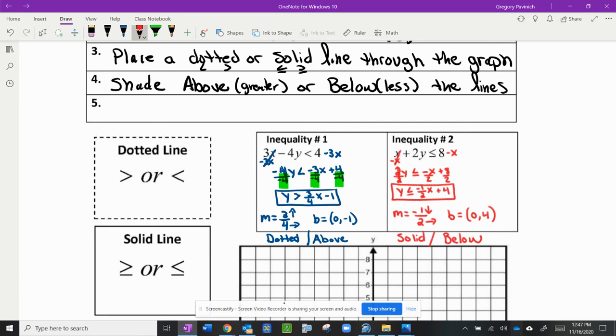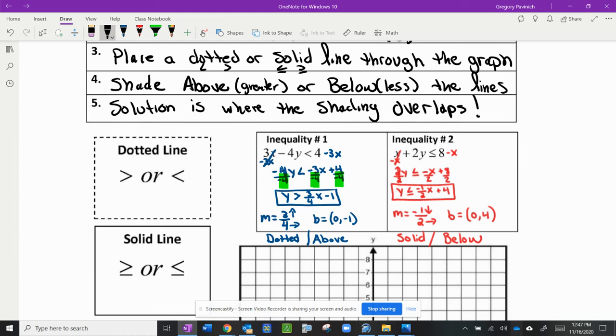Okay, and then my last thing, which is kind of new, is where's our solution? We found out when we did equations, it was where they intersected. This is the solution, is where the shading overlaps.